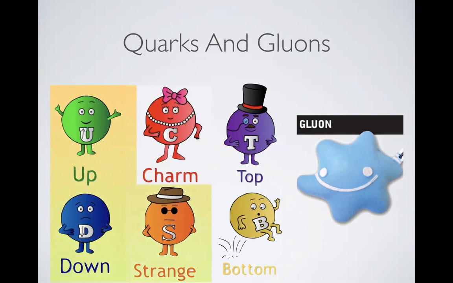Then we sometimes group the strange quark in as a third flavor of light quark, because they're not that much more massive, so even at relatively low energies we still have to include those. Charm and bottom can be produced in some cases, but the top quark is really only produced at very high energy. And then they're all bound together by gluons, the force particle for the strong nuclear force.